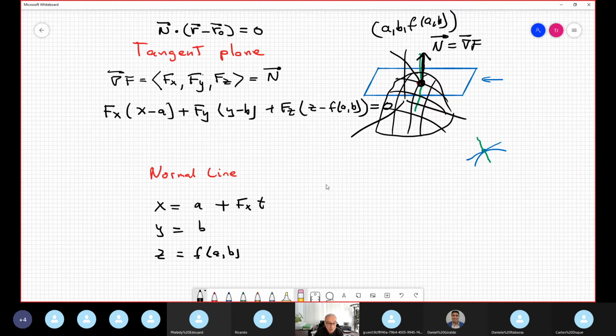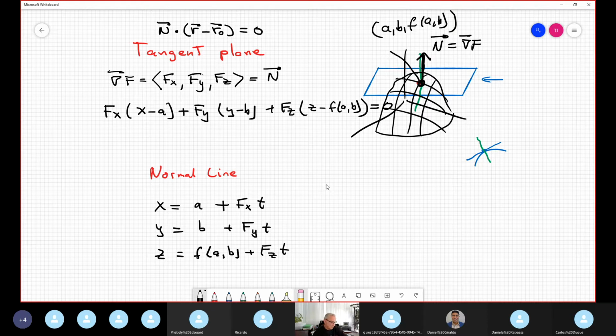So the number is, when you compute the partial derivative with respect to x and you evaluate at a specific point, you get the number. And the partial derivative with respect to y is the y component, y t, plus the partial derivative with respect to z, t. This is the formula for the normal line.